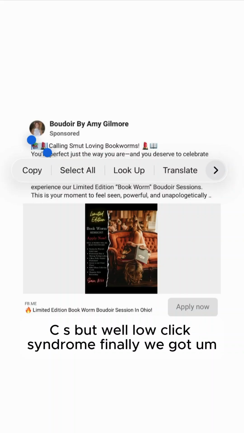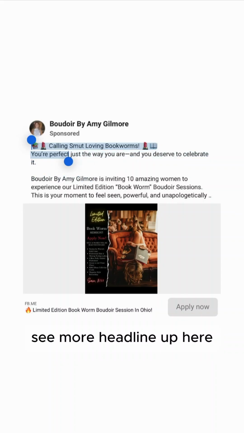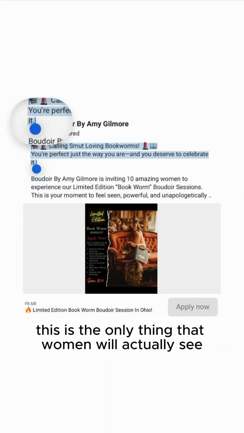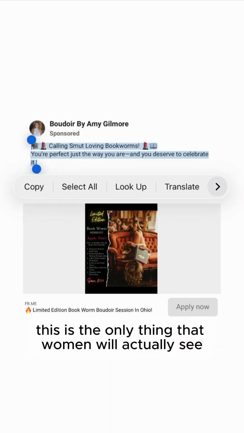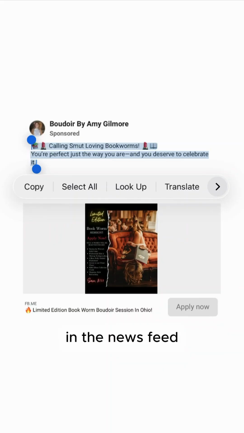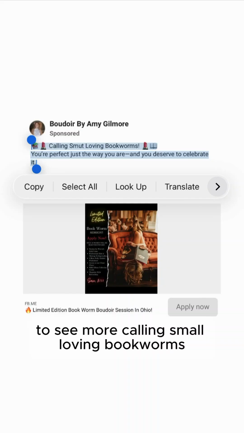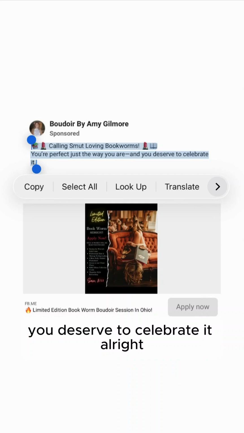Finally, we've got the see more headline up here. The first 2 3/4 lines, Facebook newsfeed mobile. This is the only thing that women will actually see in the newsfeed before they have to click to open more, to see more. Calling small 11 bookworms. Just deserve to celebrate. All right, so small amounts of context here, but this is the lack of context mistake.